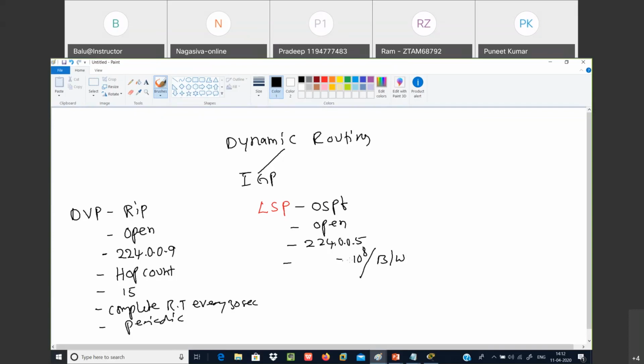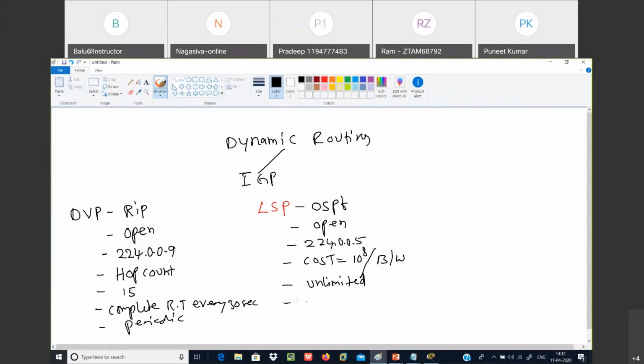This formula we call cost. So based upon cost, OSPF finds the best path. And what is the maximum hop count of the OSPF protocol? Is there any limit in the OSPF protocol? No, it supports unlimited hops.